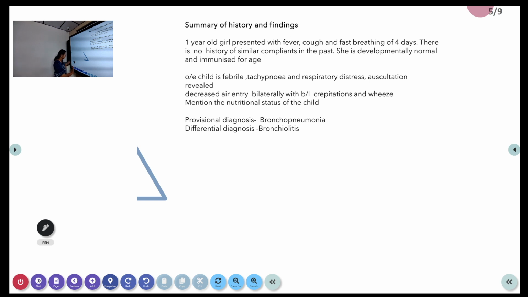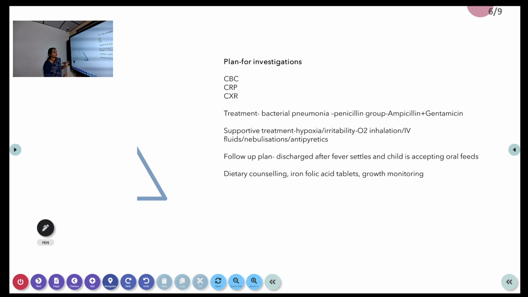Then you will be asked, how are you going to investigate this child? So, okay, this is bronchopneumonia. What investigations are you going to do? Then you will say, I will look at the complete blood count of the patient. If it is a bacterial pneumonia, there will be neutrophilic leukocytosis. If it is a viral pneumonia, it might be lymphocytic counts.